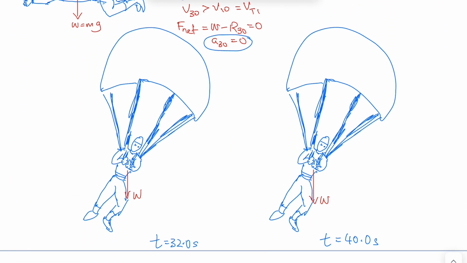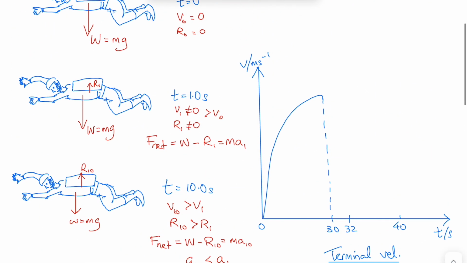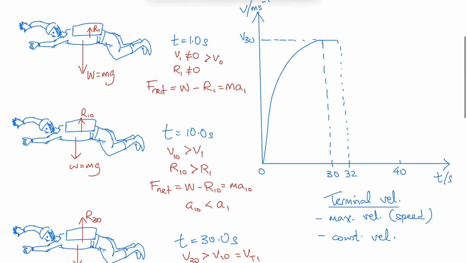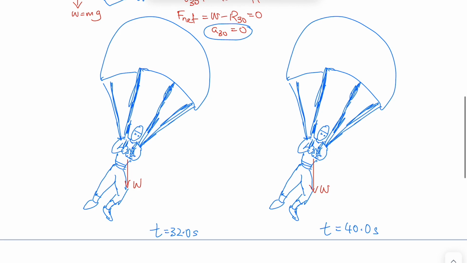So assuming at time t equals 32, the parachutist opens the parachute, so it remains in terminal velocity for 2 seconds. So this is v30, and at time t equals 32 seconds, when the parachute opens, the skydiver is moving at a certain speed, which is very high.